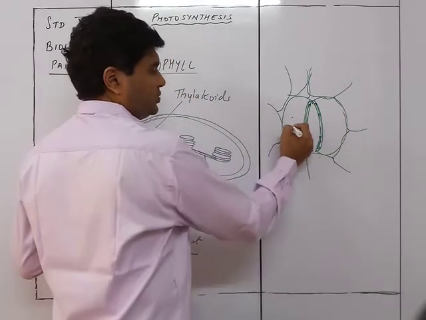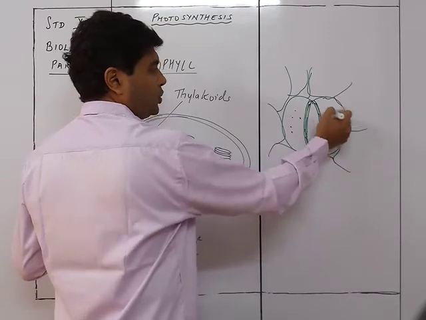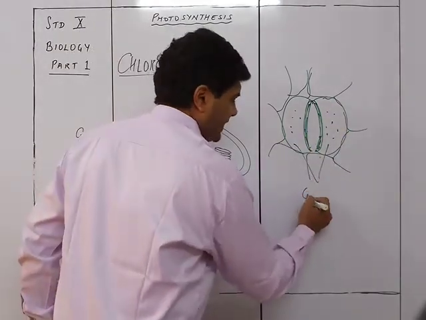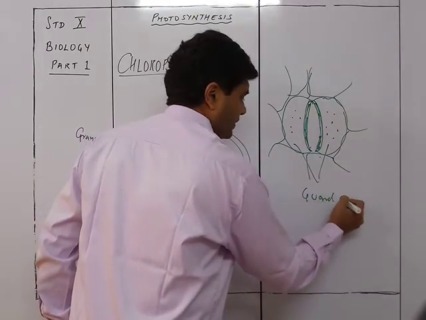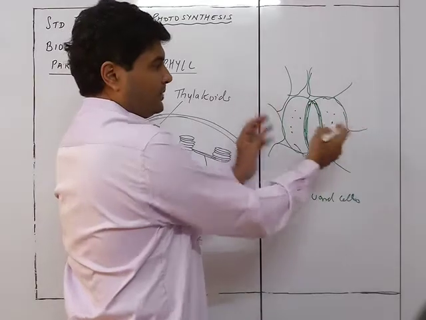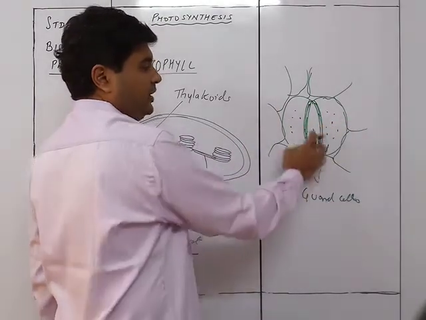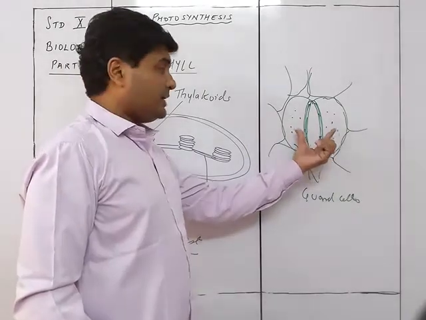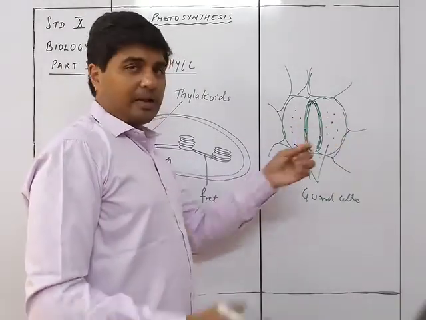These have chloroplast in them, and these two are called the guard cells. When they open up, the carbon dioxide can enter inside here. And if exosmosis takes place and it is flaccid, then it closes.